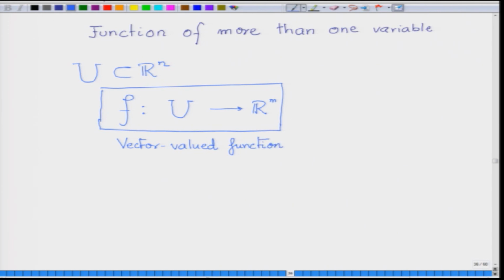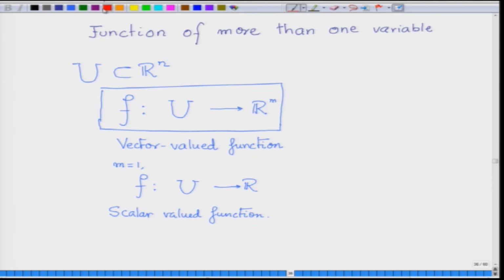And if m equal to 1, that is f is from U to R, then we call it scalar valued functions. I will give you two physical examples to tell you what is what.